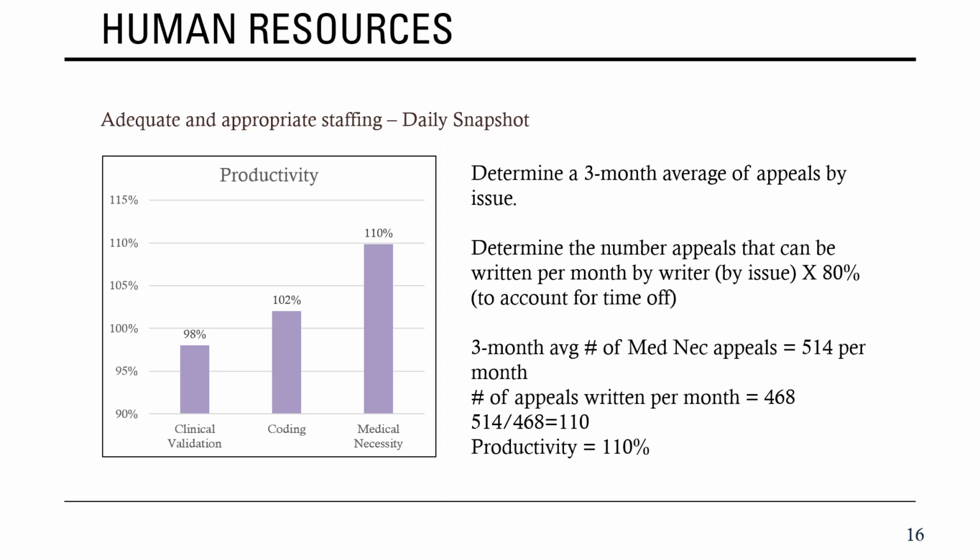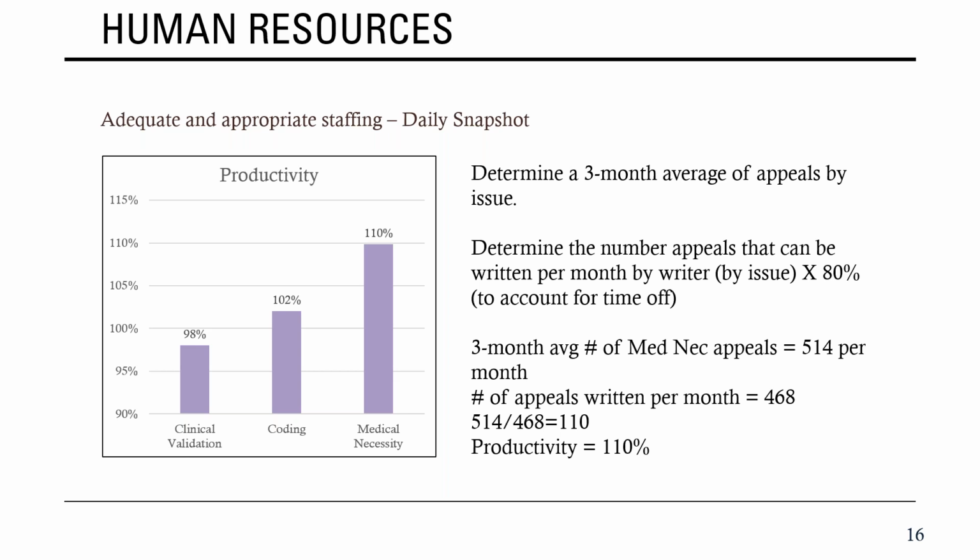So what I came out with for this example is, let's say our 3-month average for medical necessity appeals is 514 per month. So every month for the last 3 months, we have received 514 medical necessity denials that we wanted to appeal.